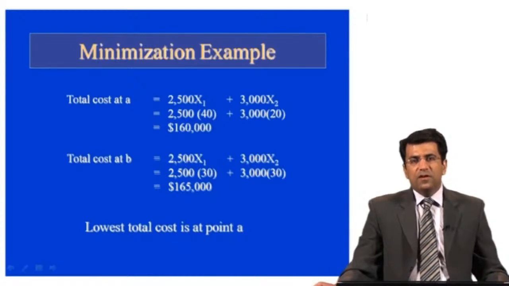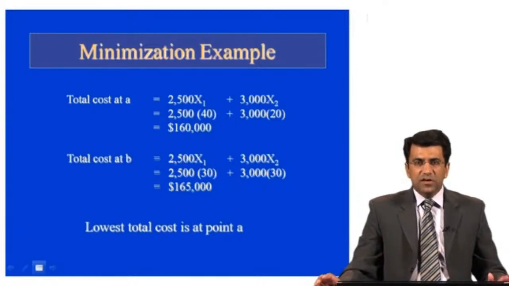Up till now, we have talked about only the graphical method of linear programming, and as we discussed earlier, there are two methods which can be used to solve linear programming problems. One is the graphical method, the other one is the simplex method, but up till now we have used the graphical method.